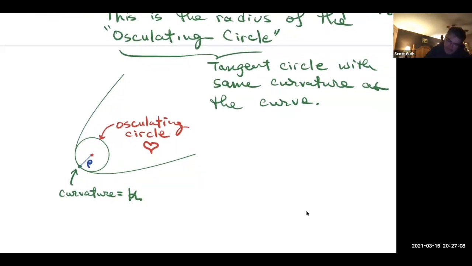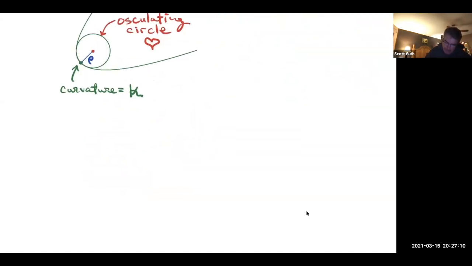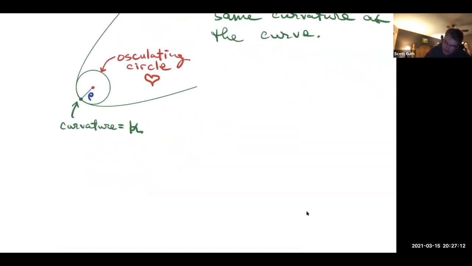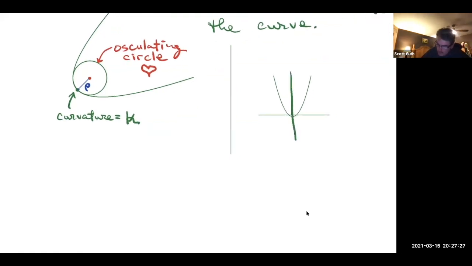Anyway, so there it is, oscillating circle. So if you go back to that parabola, remember we did y equals x squared a minute ago, and we did the curvature at the origin. I may have to zoom in on this. Okay, so this is it.